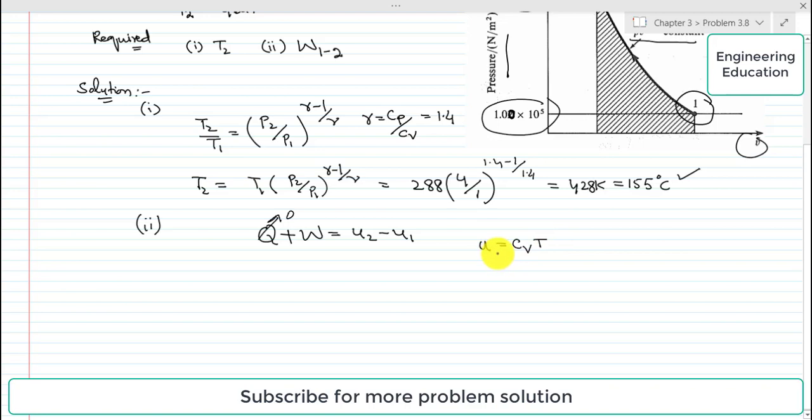So for state 1 it will become U1 is equal to CV T1, and for state 2 it will become U2 is equal to CV T2. So W will be equal to simply U2 minus U1. U2 is CV T2, we will take CV common, it will become T2 minus T1.